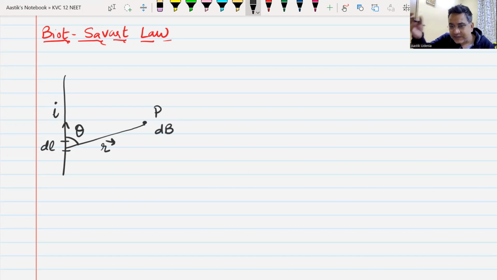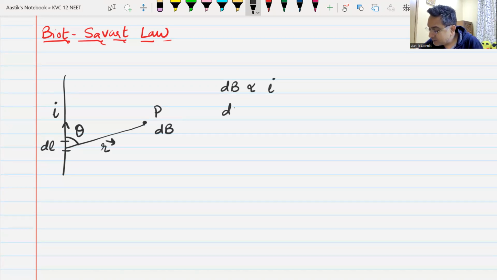B for magnetic field, d means small. Then they conducted experiments, and the first thing they found is that dB is directly proportional to I, and directly proportional to dl. So basically dB is proportional to I dl, and therefore this current carrying element comes.